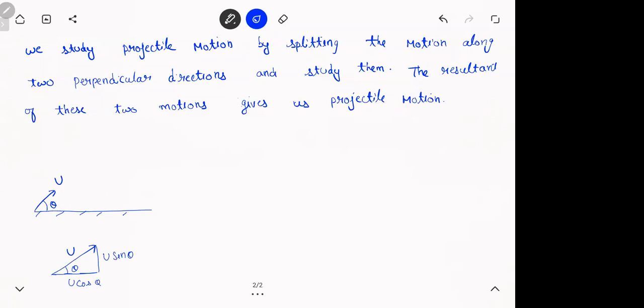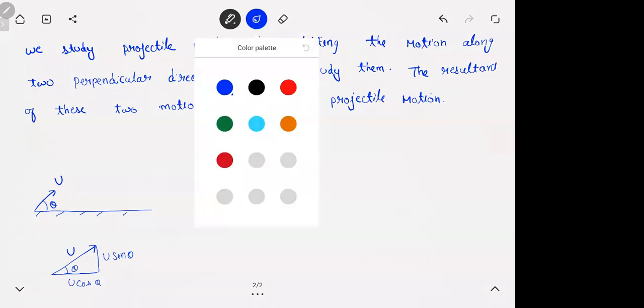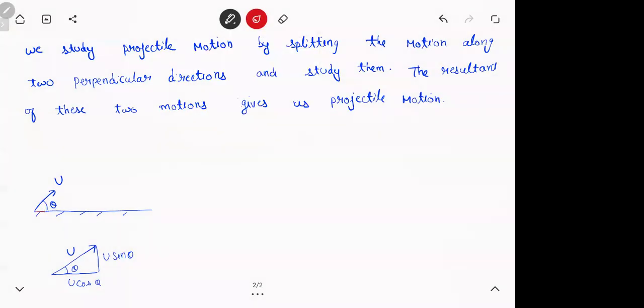Hope everyone knows the resolution of vectors. So I can divide this as u cos theta, and this as u sin theta. And here I can write ux. Now u means initial velocity, and x means initial velocity in the x direction, the initial horizontal velocity.